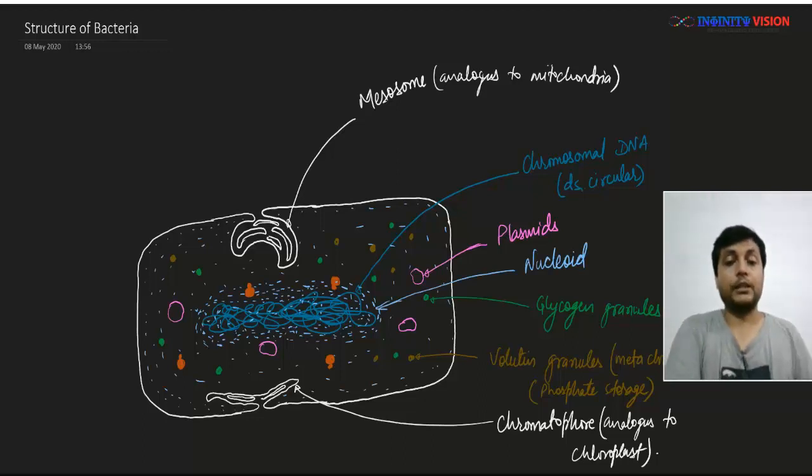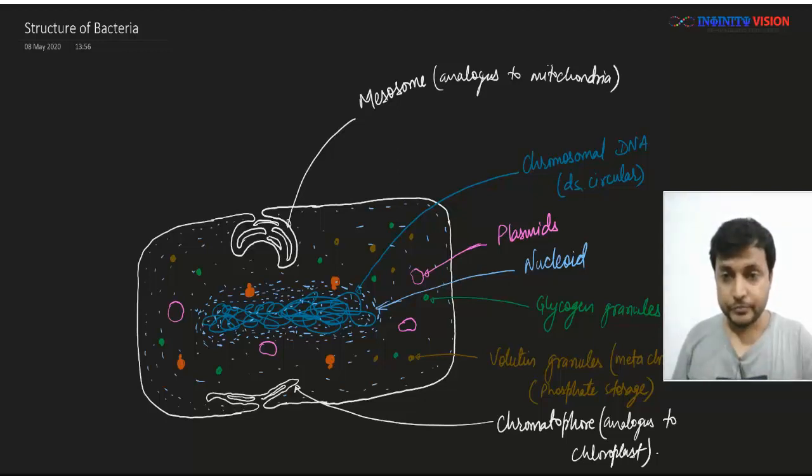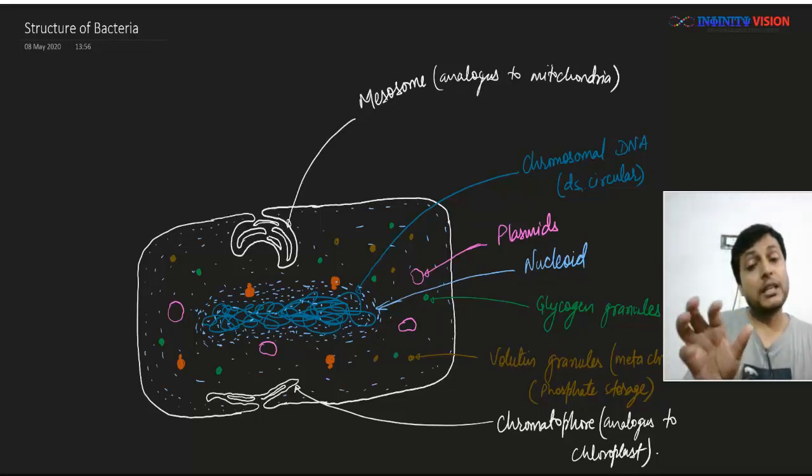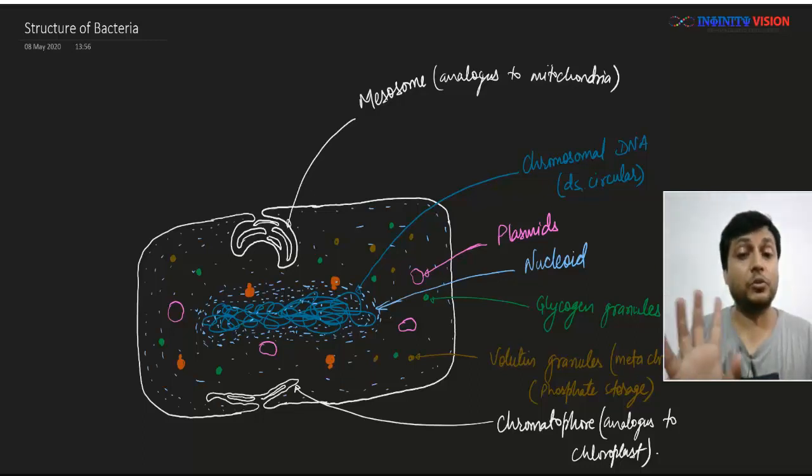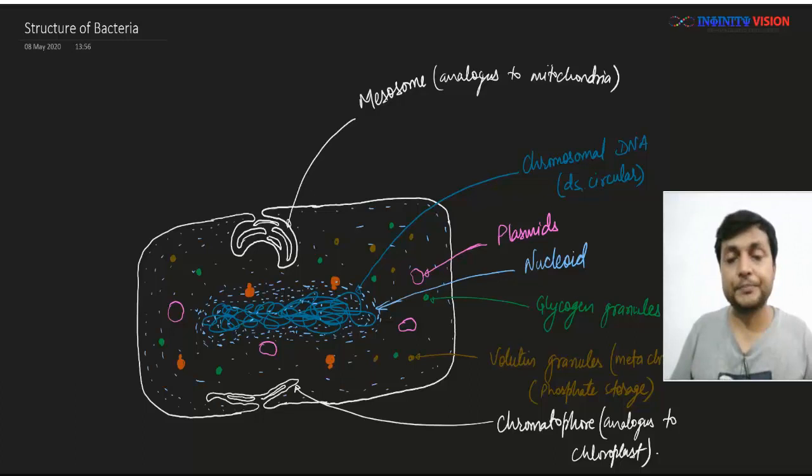Can you see here now? This thing is the nucleoid and the remaining is the cytoplasm. Now it looks like some organelle, like a nucleus, but it is not a nucleus. It is not distinct because it does not have a boundary. It does not have a nuclear envelope or nuclear membrane.